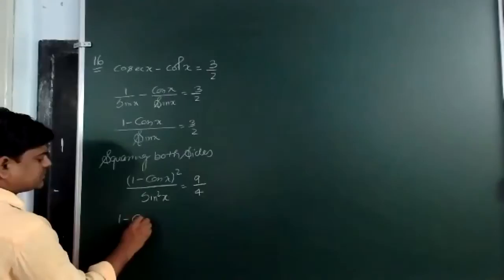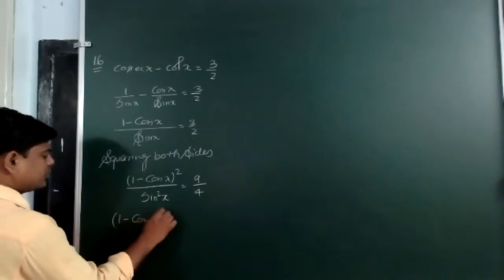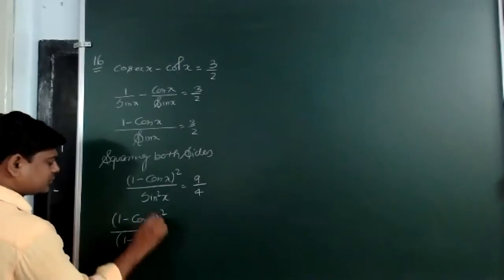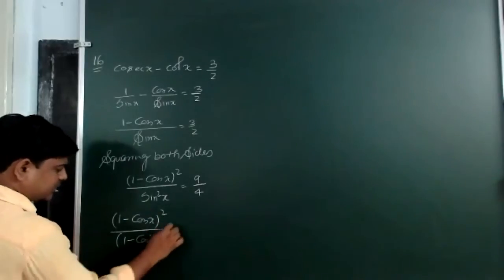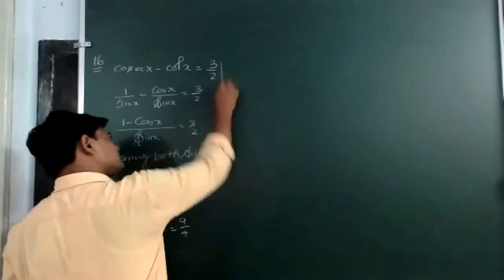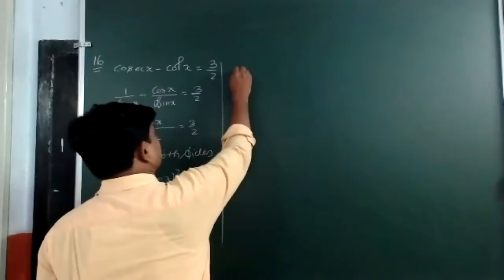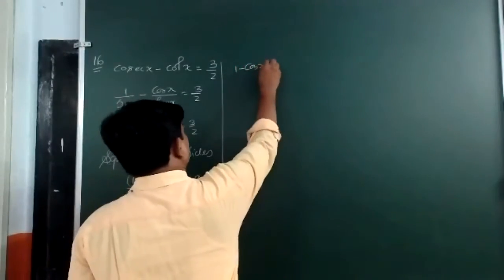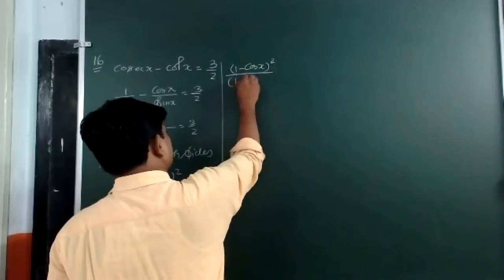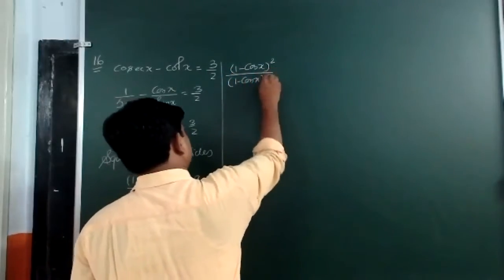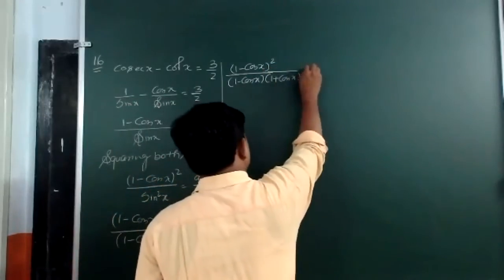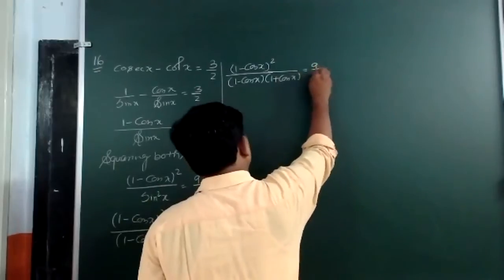So (1 minus cos x) whole square upon (1 minus cos square x) is equal to 9 upon 4. Now it is (1 minus cos x) whole square upon (1 minus cos x) into (1 plus cos x), and this is equal to 9 upon 4.